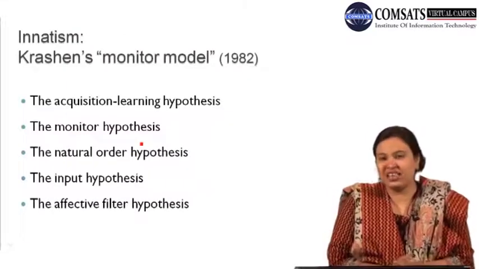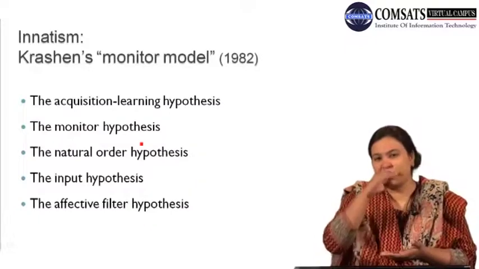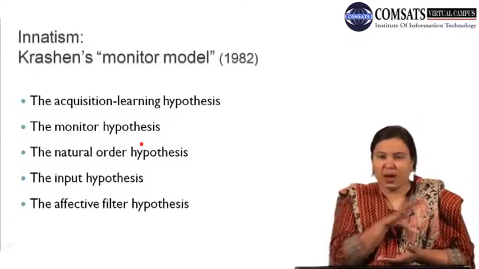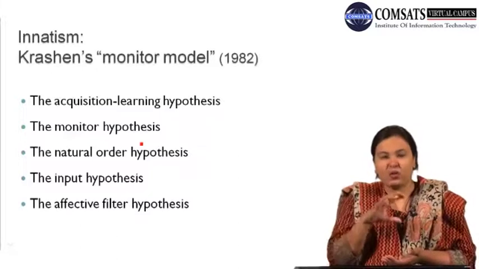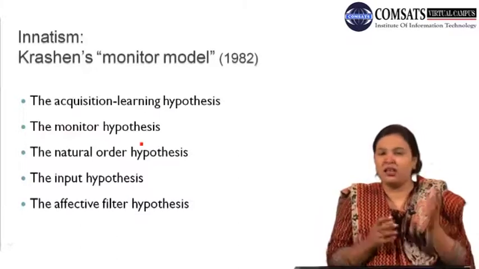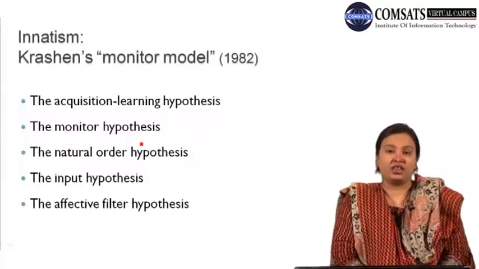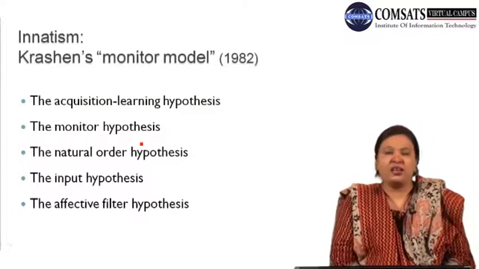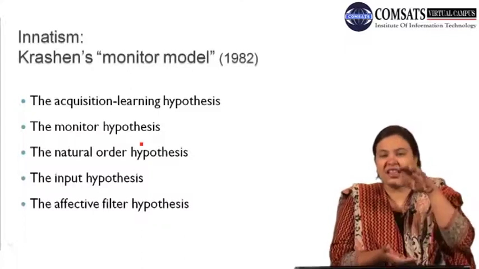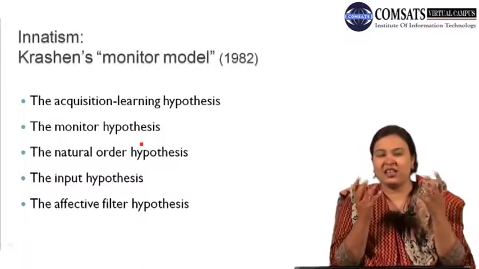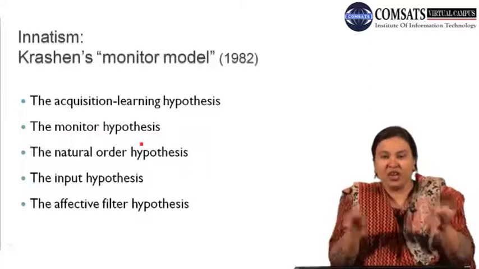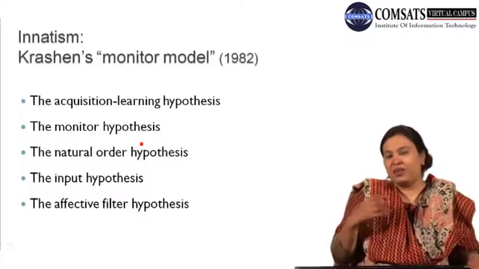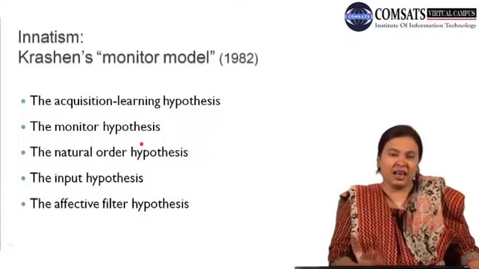According to this model, it comprises five hypotheses: the acquisition-learning hypothesis, the monitor hypothesis, the natural order hypothesis, the input hypothesis, and finally the affective filter hypothesis. All five hypotheses work together to make a monitor system while learning a second language.